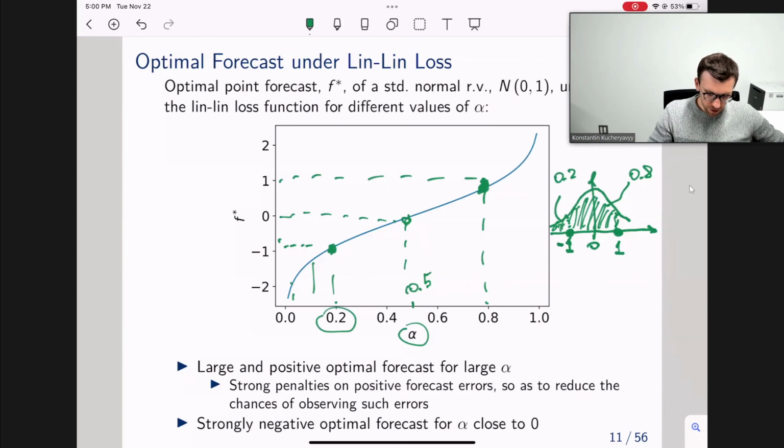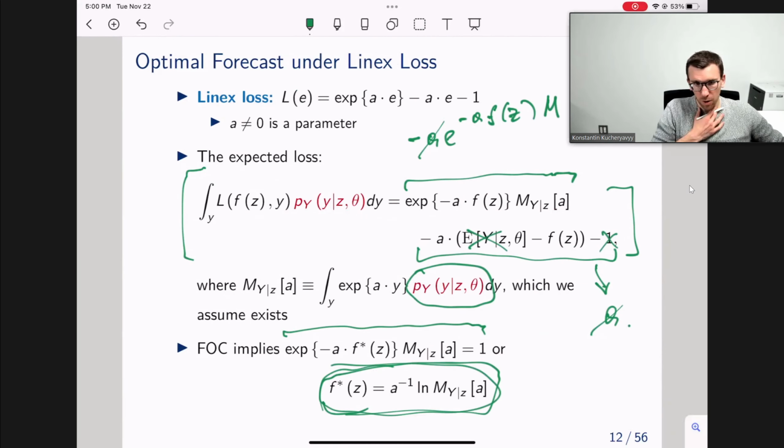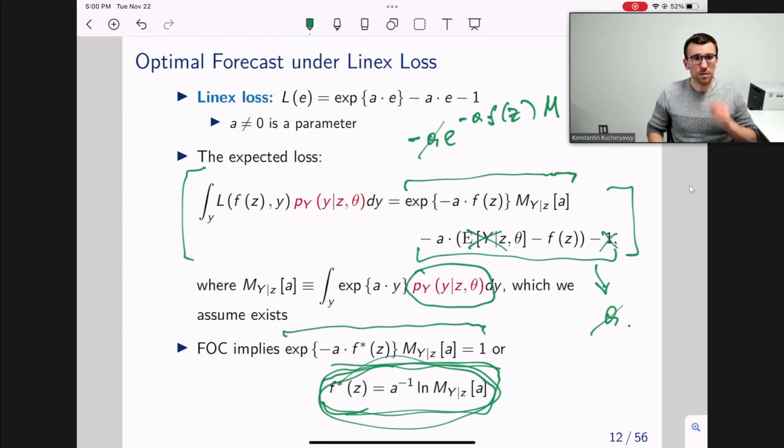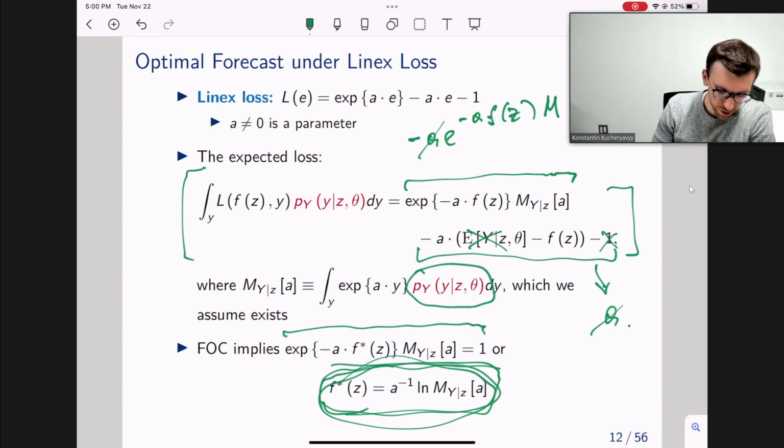Here it is this slightly complicated object, but still a function of the data generating process. So ultimately, our decision rule, the forecast in this setup, is a function of the data generating process. Sometimes it's a very simple moment, like average or median or quantile, and sometimes it's a more complicated object like here. But under certain assumptions, this can be further simplified. And so this is the next slide.